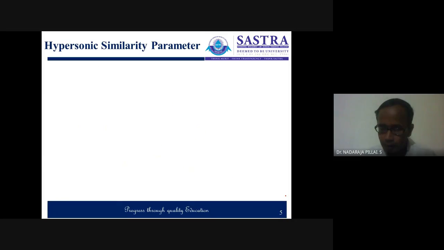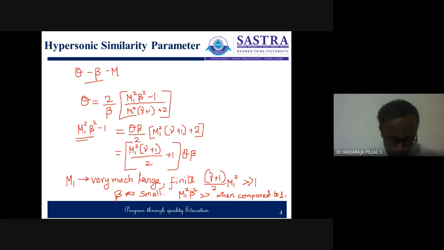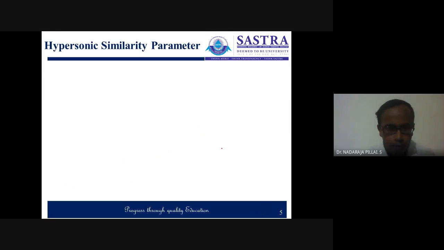If that is the case, this equation becomes M1 square beta square minus 1 equal to gamma plus 1 by 2, M1 square into theta beta.